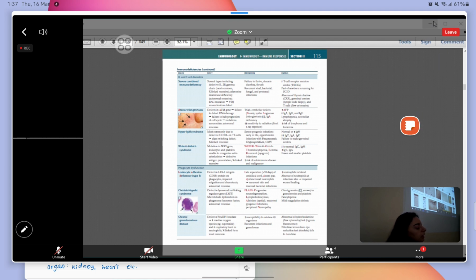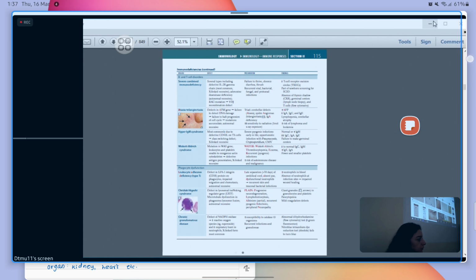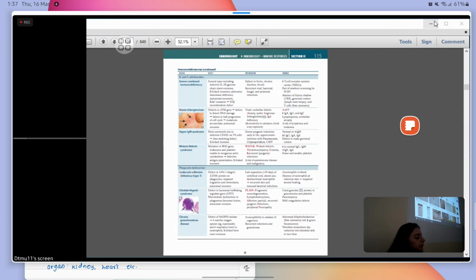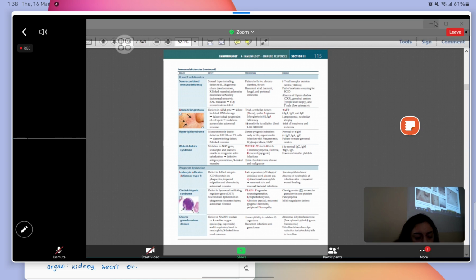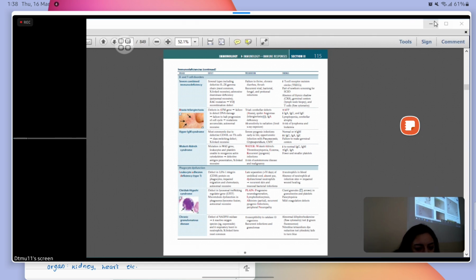Also, the enterocytes and brush border of the enterocytes are replicating very quickly, and that's why you have diarrhea during chemotherapy and so on. This is the angiomas. That's the capillary dilations. Okay.